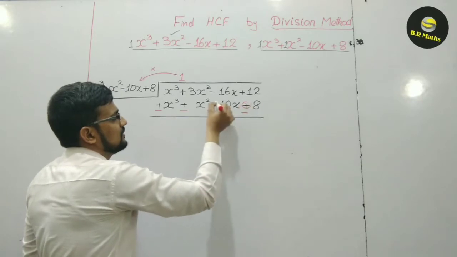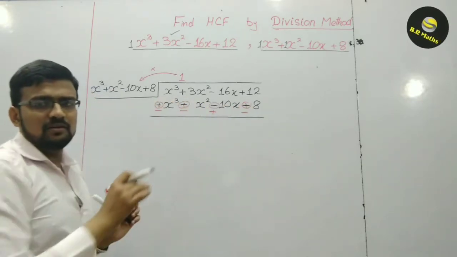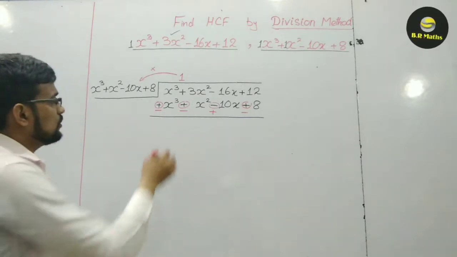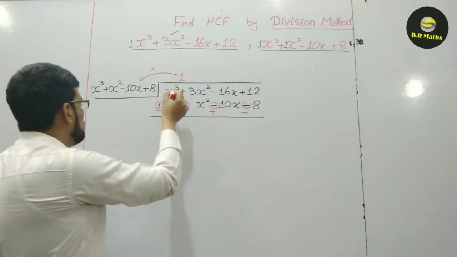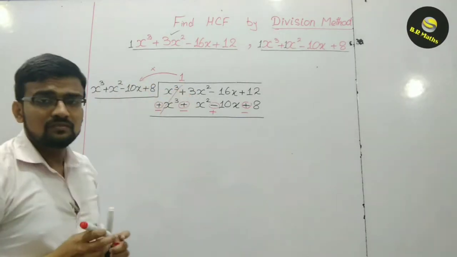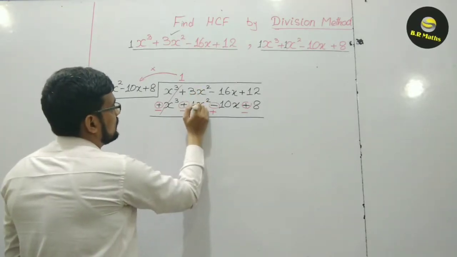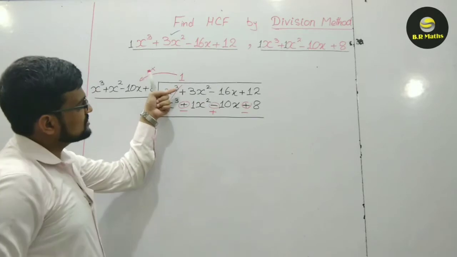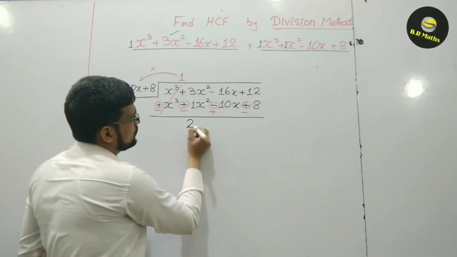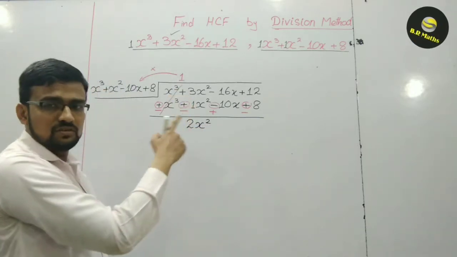All these term signs change. So x cube minus x cube cancel with each other. And here plus 3 minus 1 becomes 2x square, because 3 minus 1 is 2.